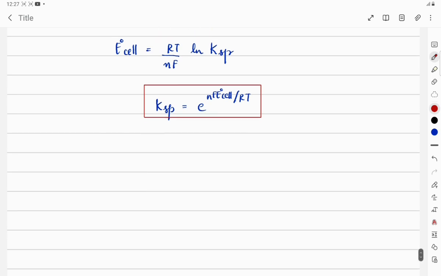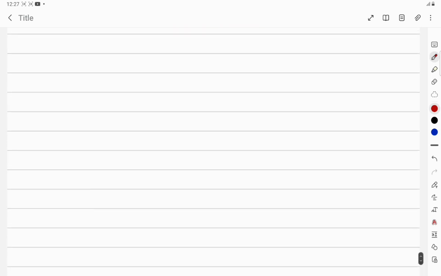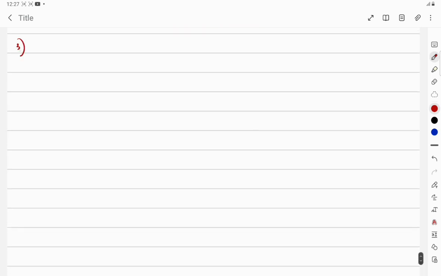The next application that we are going to see is the third one, to find the pH of a solution. How can we find the pH of a solution?